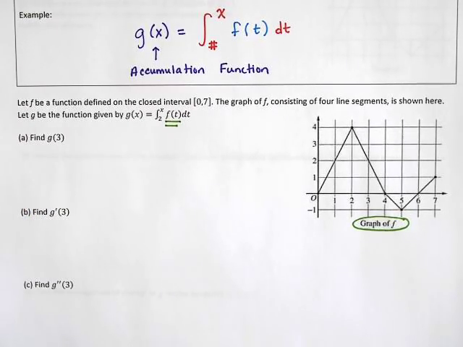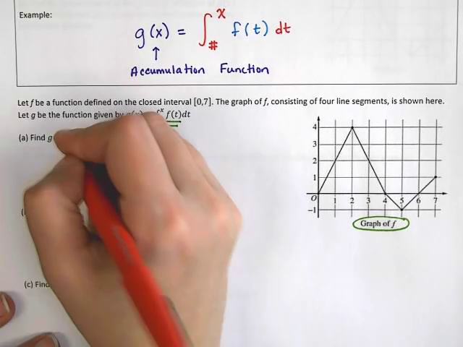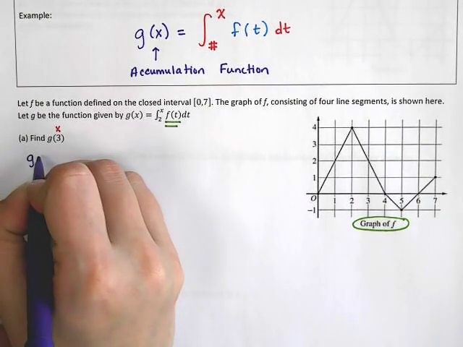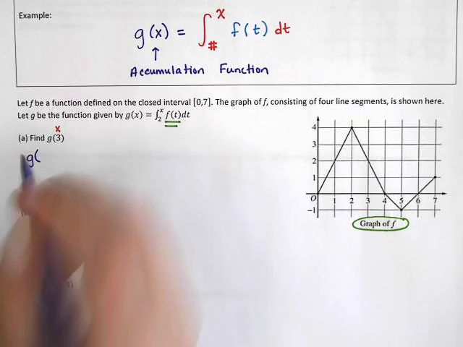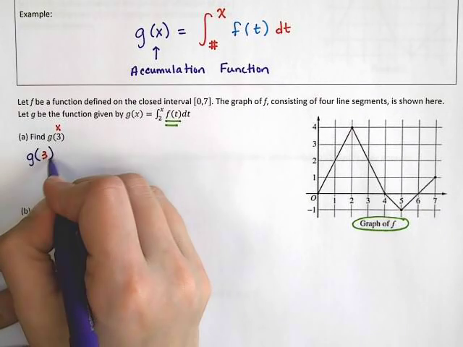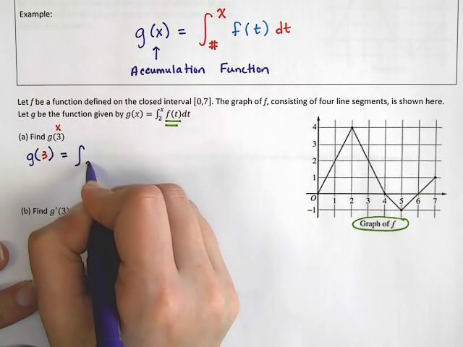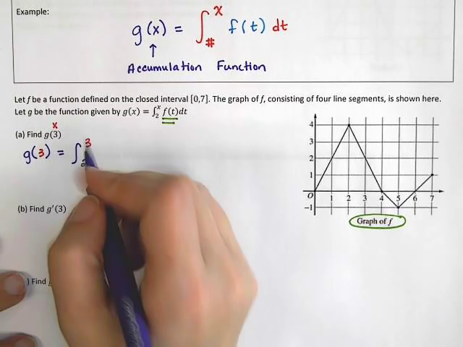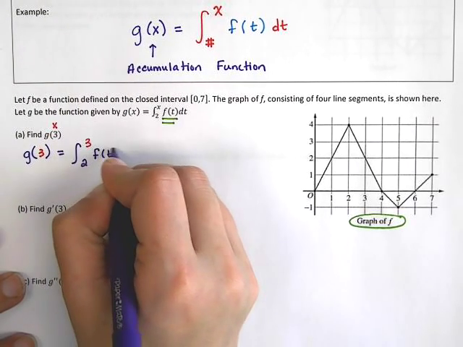Now to figure out g of 3, what that really means is what happens to this function when the x value is 3. So what I would do is fill that into my function's formula. So g of 3 would mean to integrate from 2 to 3 of f of t dt.